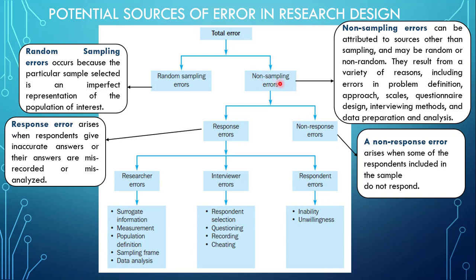So non-sampling error is any error that is not associated with representation of the population. Random sampling error is associated with representation, but non-sampling error doesn't link with samples. Non-sampling error might be a response error, or it might be a non-response error.